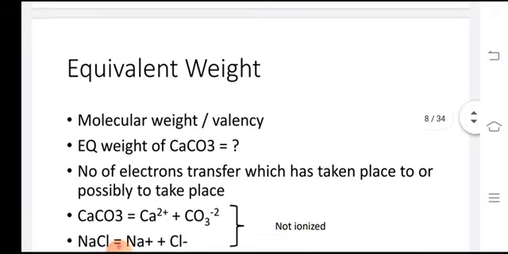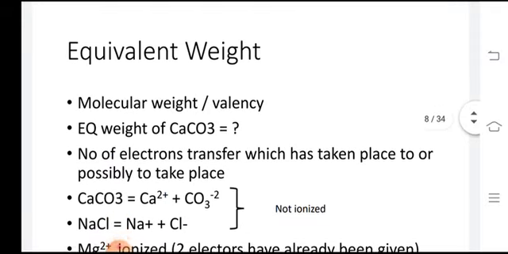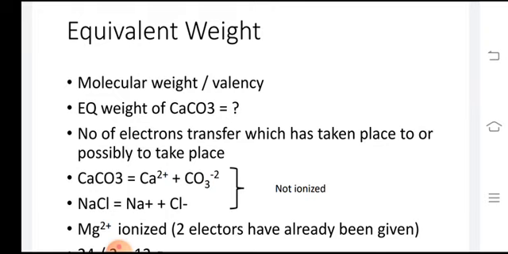Moving forward, there is another term which is called equivalent weight.